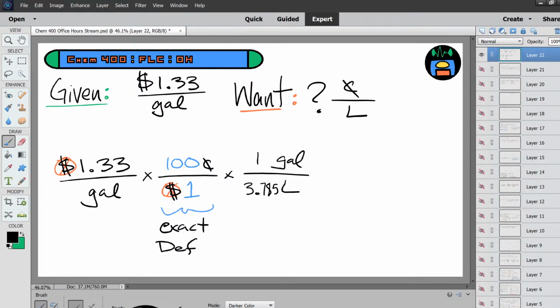All right. And this right here is measured. So our sig figs matter. You crunch your numbers, but whatever our answer is, when you look at your conversion from gallons to liters, there's 4 sig figs.